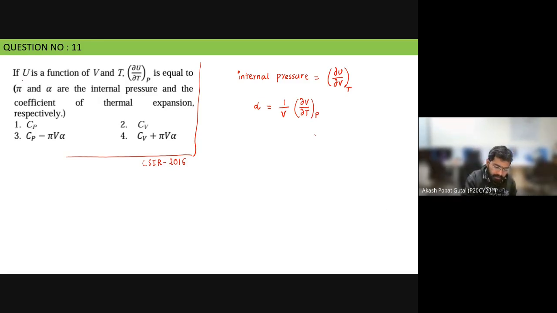The first line is given: U is a function of V and T. From that, you need to extract one thing. You need to write U in total differential form. If you followed the second week, the total differential forms are defined.